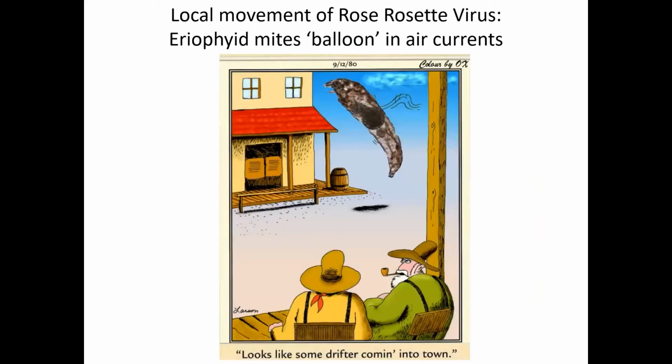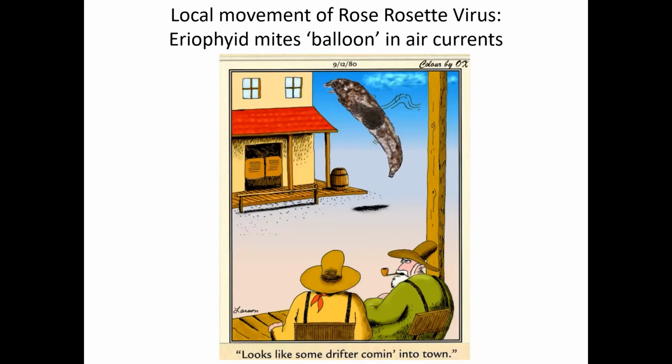And in this cartoon, this is what happens on a windy day. If you have a neighbor down the road, or there is a strip mall that has a bunch of shrub roses in front of it, but they're not taken real good care of, and some of them are symptomatic for the virus, and the mites are ballooning off, they can just drift right into your yard, right onto your roses.